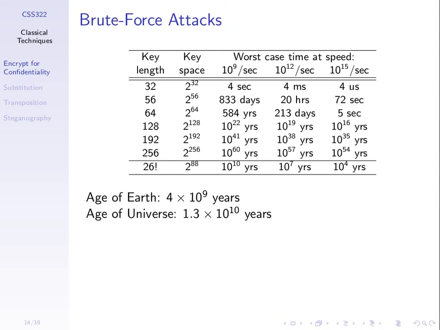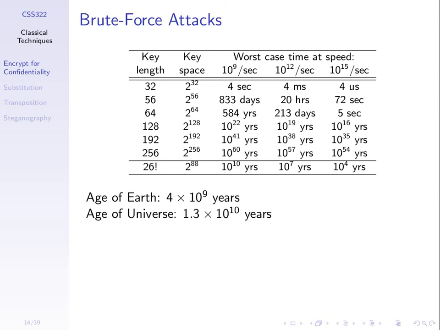And now I've given some numbers in these 3 columns. What if my computer could decrypt and try those keys at a particular speed? And I've given 3 different speeds. The column here is, what if I had a computer that could decrypt at a speed of 1 billion times per second, 10 to the power of 9, 1 billion. So if I could decrypt 1 billion attempts every second, the key space is about 4 billion. Therefore, to try all keys, it would take about 4 seconds.